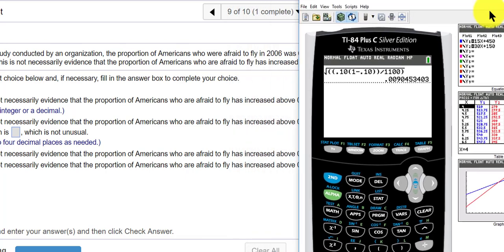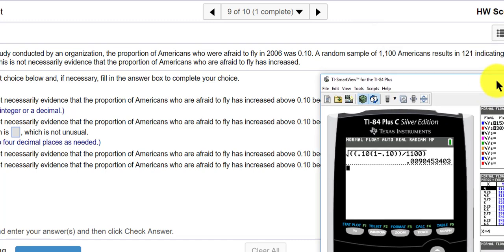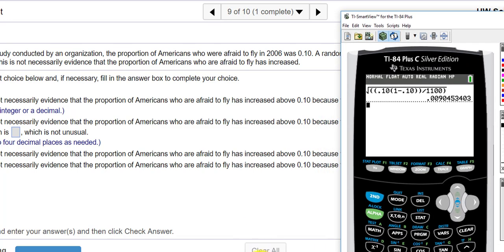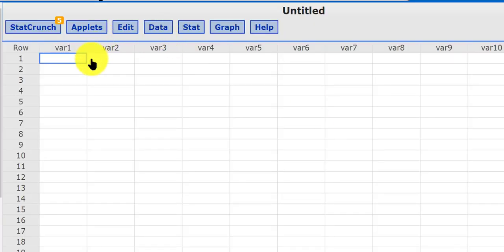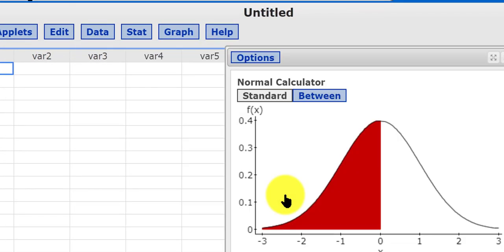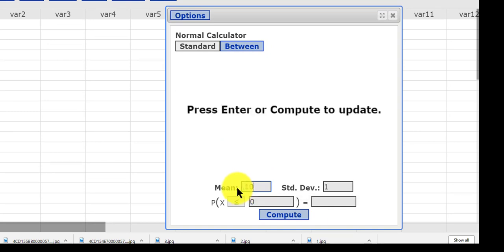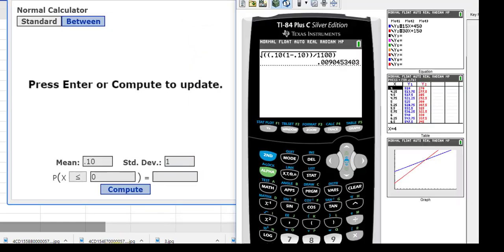Okay, so I have my standard deviation now, so I can enter this into StatCrunch and see what we get here in terms of a probability. So I go to StatCrunch, I press Stat, Calculators, Normal, and we were given 0.10, and our standard deviation, I have to bring my calculator back up.